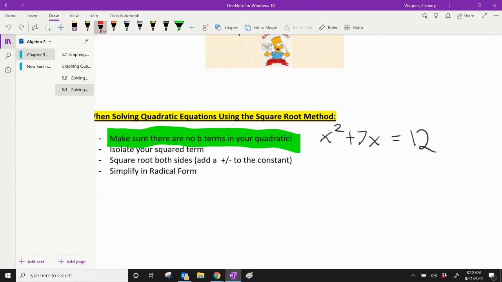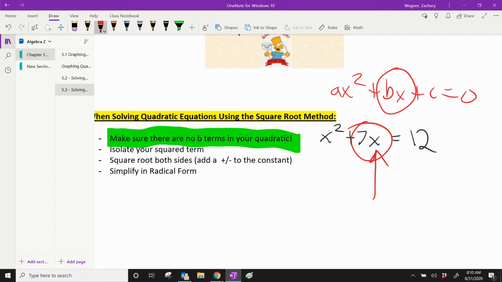This term in the middle, this 7x, we call that the b term, because in standard form, ax squared plus bx plus c, the b term is attached to an x, not an x squared. This first degree term x, you cannot solve using the square root method if it is present.